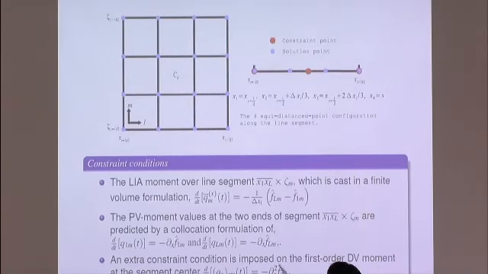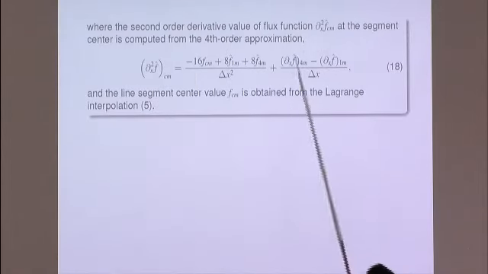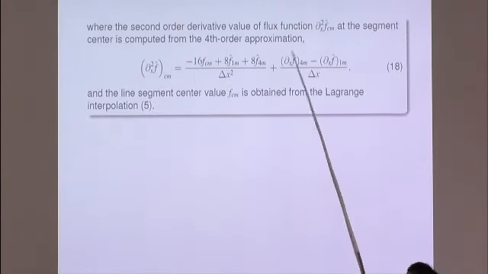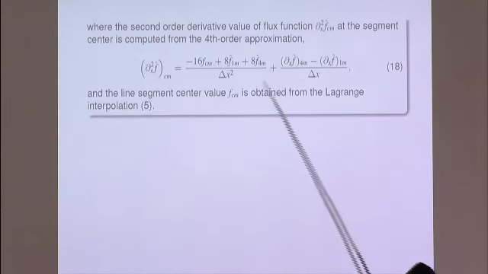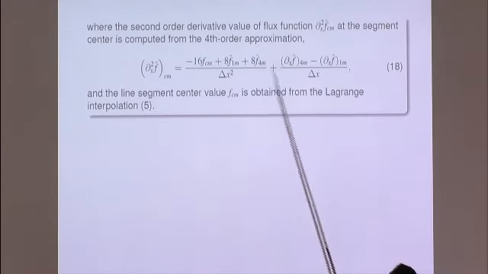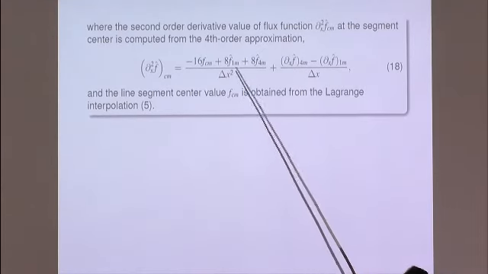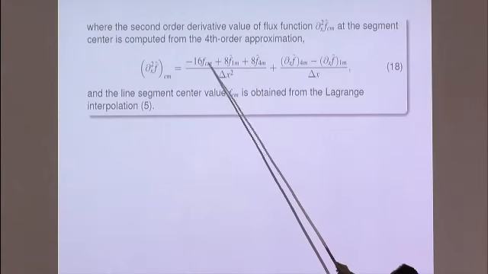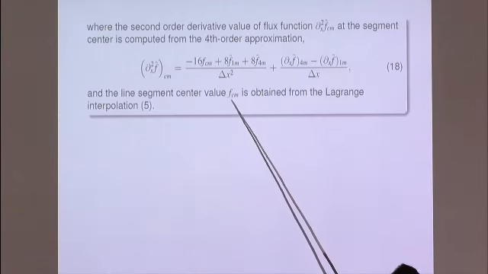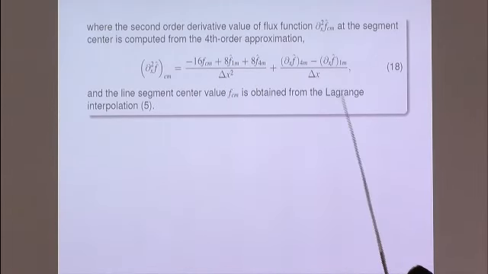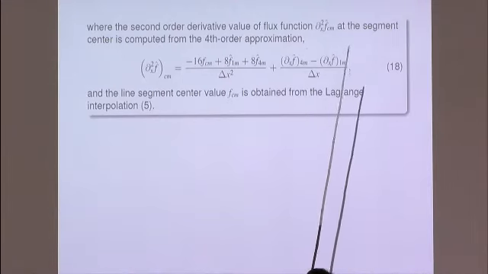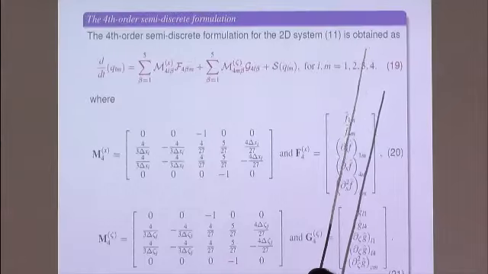So how do we compute this? We use the first order approximation in this formulation. In this formulation, we use just the flux on the boundary and the flux at the center. We obtain it from the Lagrange interpolation functions.